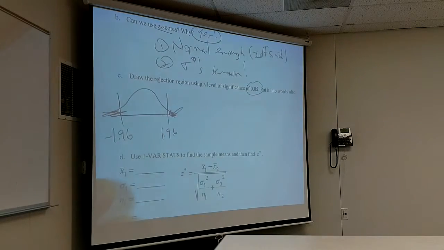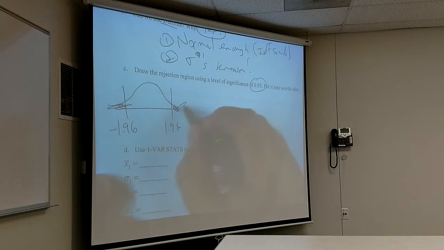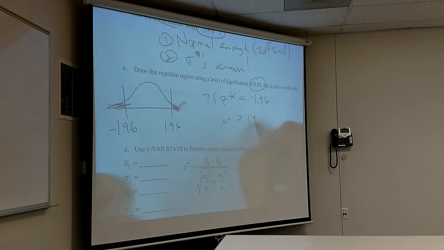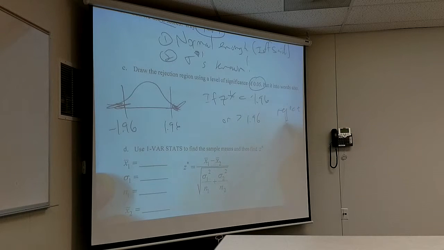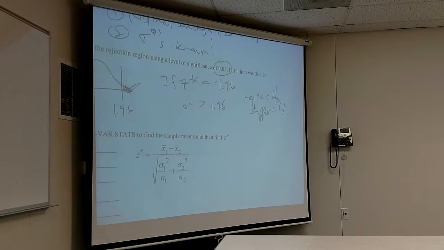This guy got it. So if z star is less than negative 1.96 or greater than 1.96, we can reject this guy and support the other guy. We make it into the rejection region and we can reject.